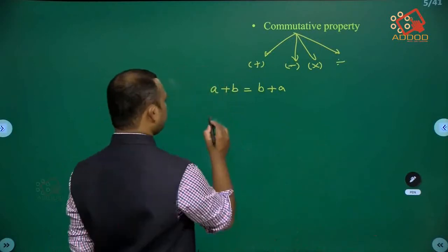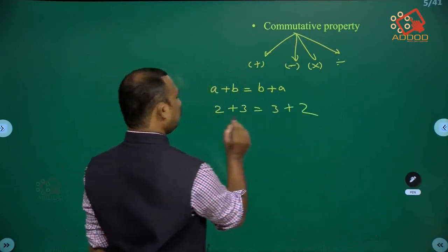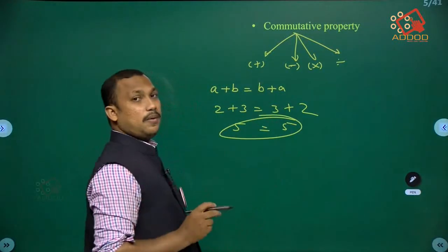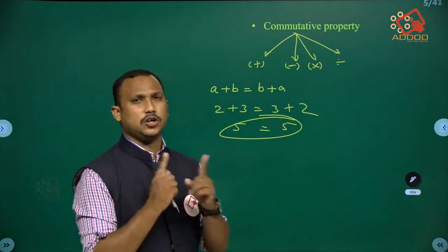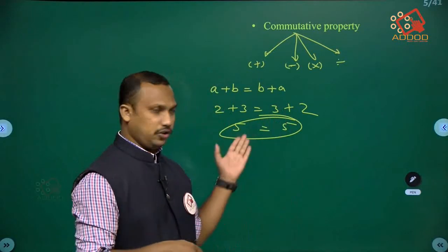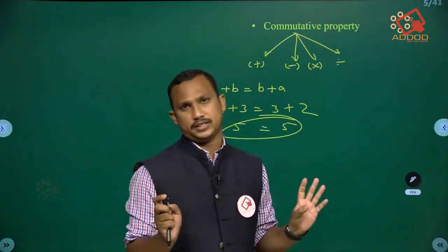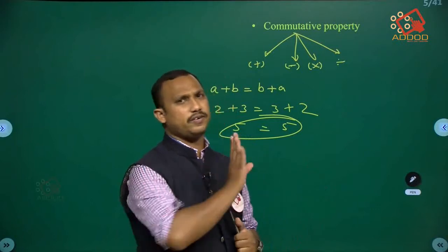For example, 2 plus 3 equal to 3 plus 2. 2 plus 3 is 5, 3 plus 2 is 5. So both sides you get the same answer, but the positions were different. If you change the position also, you should get the same value. Then only it will satisfy.